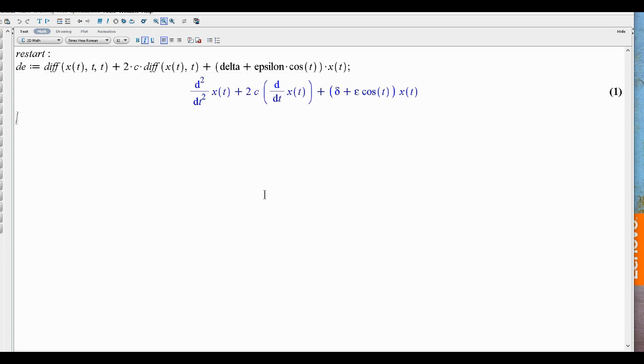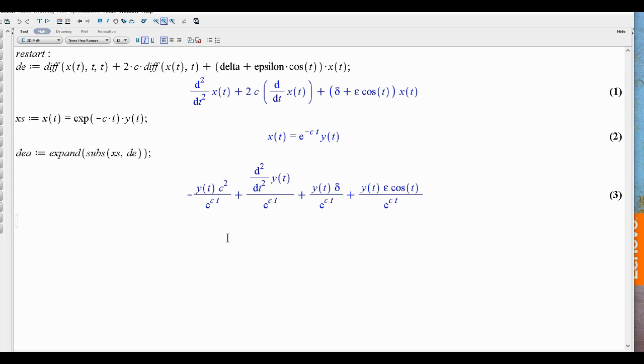So the trick is we say x of t is equal to exp of minus c times t times y of t. Okay, so this is the substitution I will make here. I'll say dEA is equal to expand, substituting xs in dE.